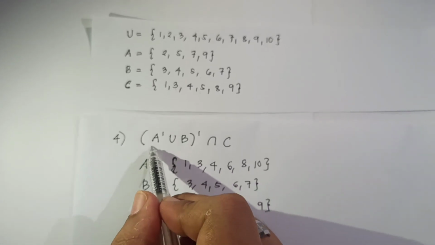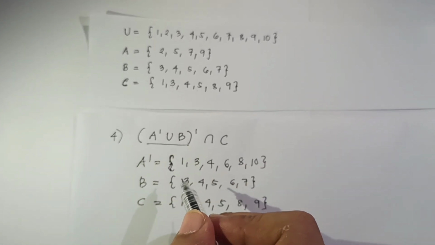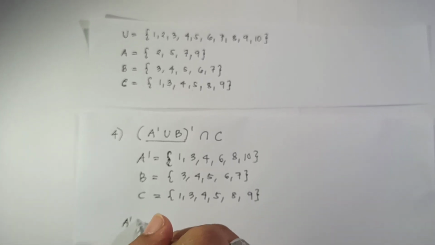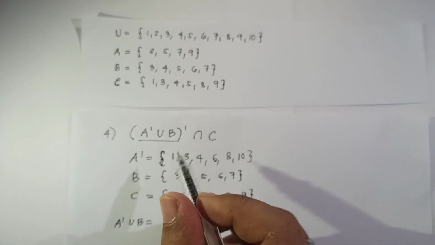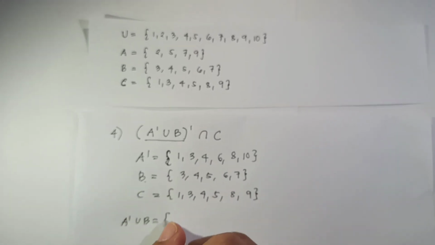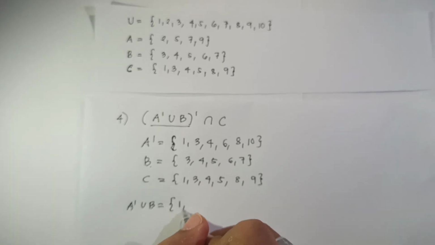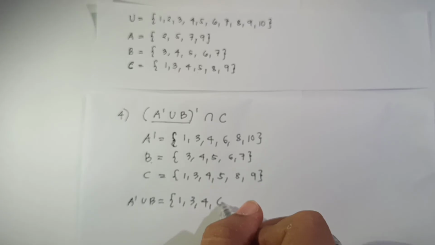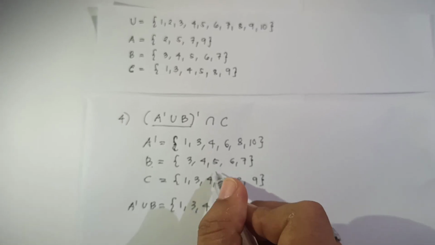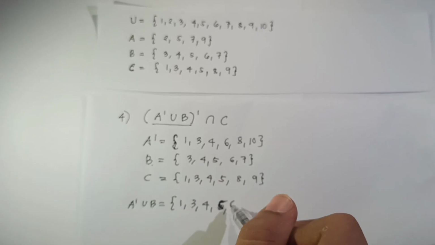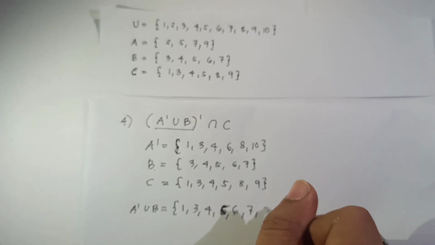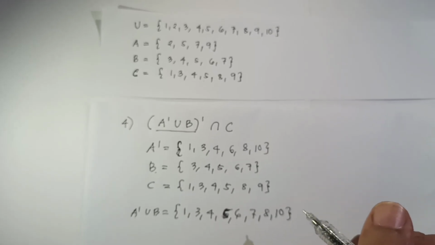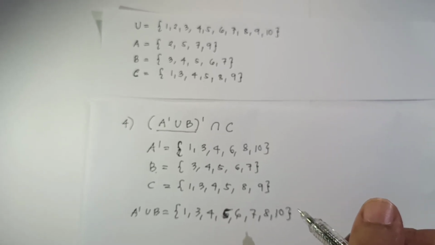So first we're going to solve A prime union of B. So you're going to get the union: 1, 3, 4, 5, 6, 7, 8, 10.